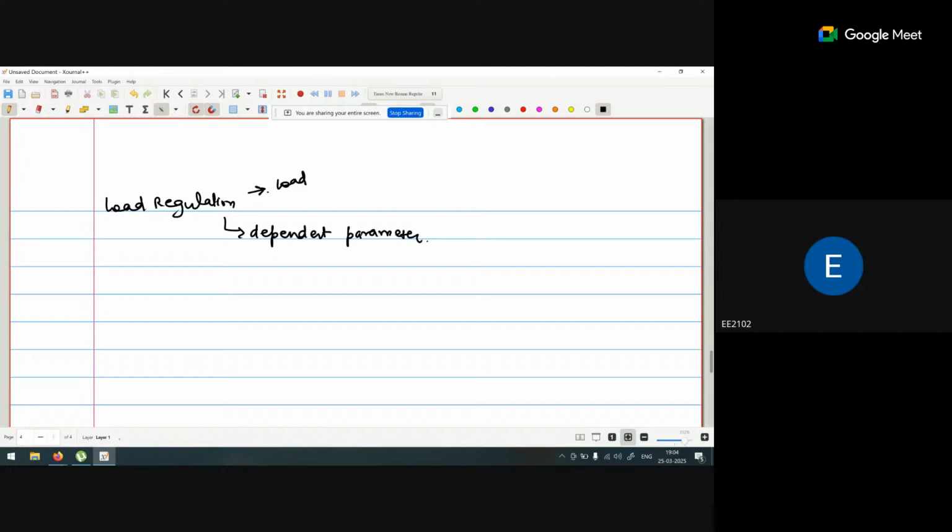It is dependent on the load. Okay, any doubts?